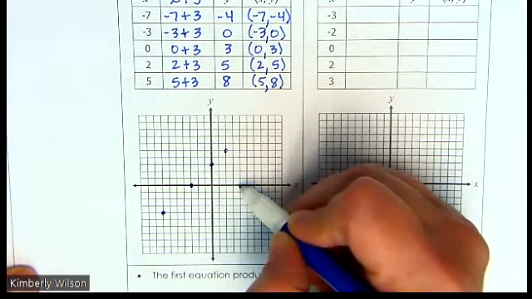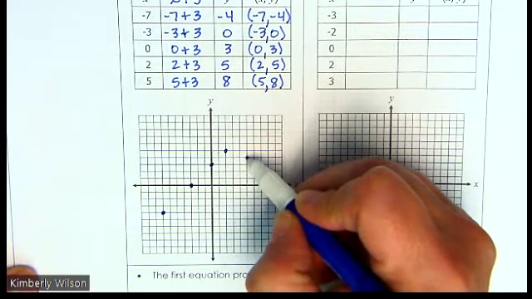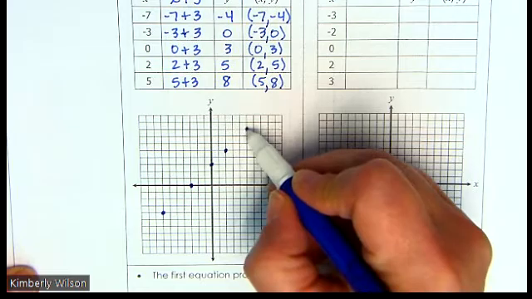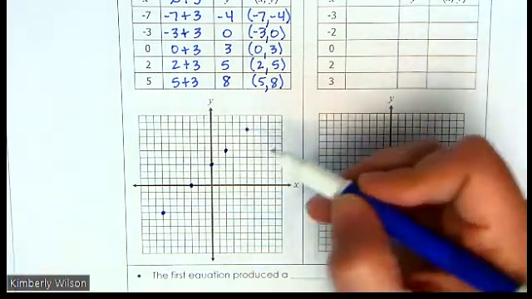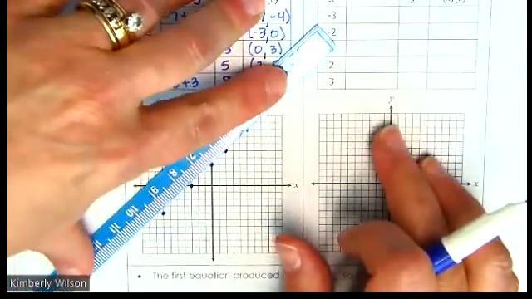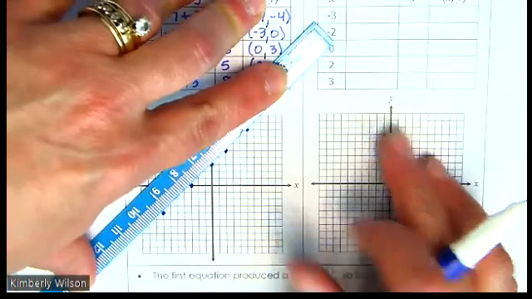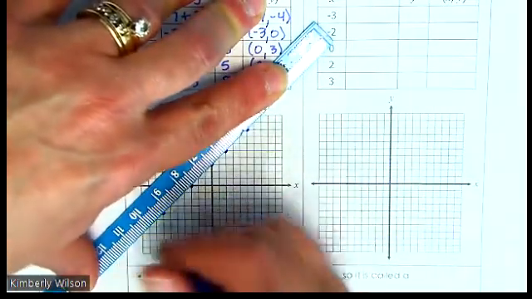And then 5, 8. 2, 4, 6, 8. And now I get a straight edge and you connect the dots. You want your line that you draw or your graph to go all the way through the coordinate plane.